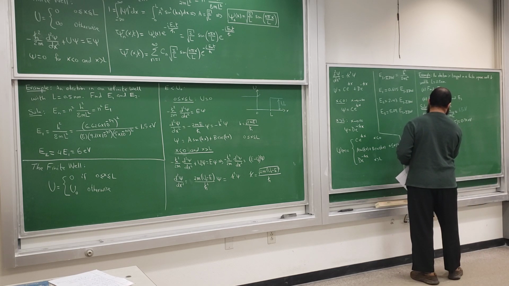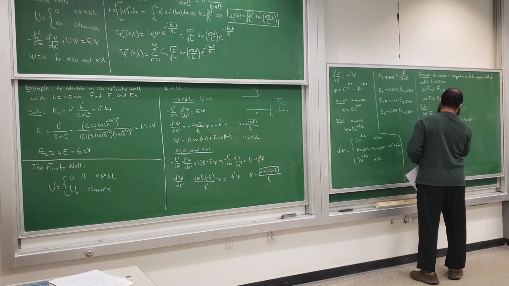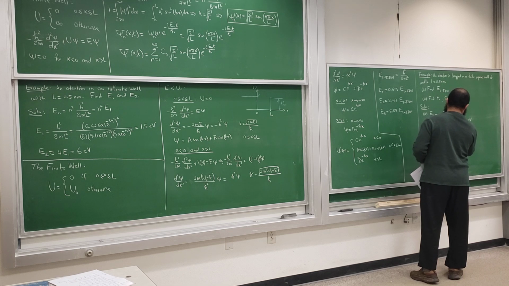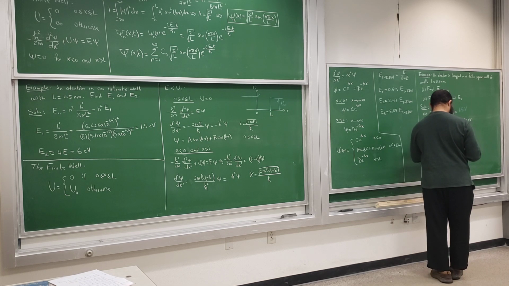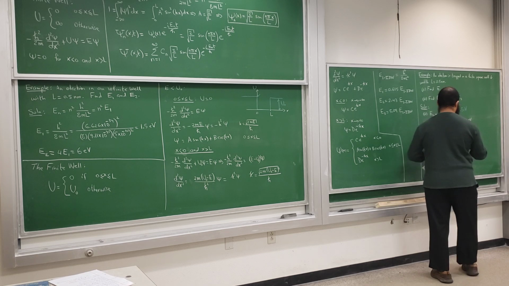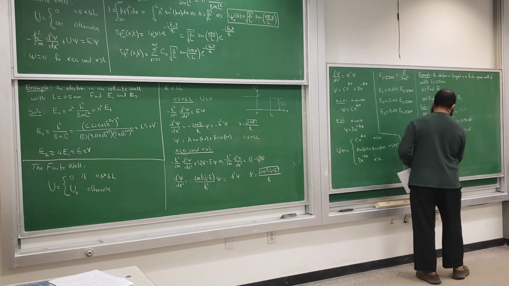E2, well, that's 2.43 times 1.5, and that gives 3.6 eVs.